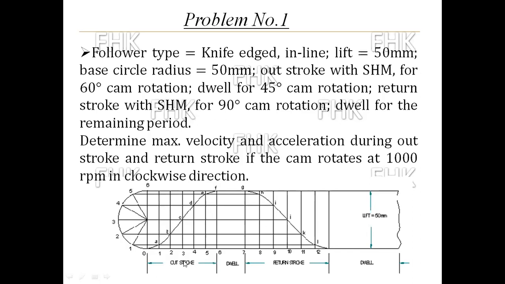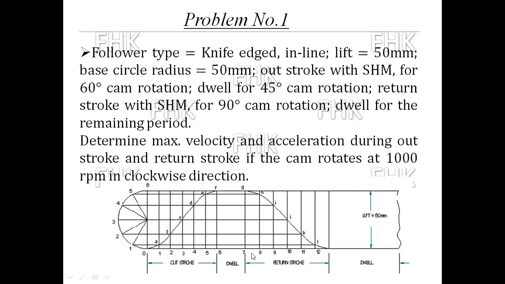As per my scale, 10 degree is equal to 1 centimeter or 10 mm. This 60 will be 6 centimeter, and the return stroke is given 90 degree, converted into 90 mm.